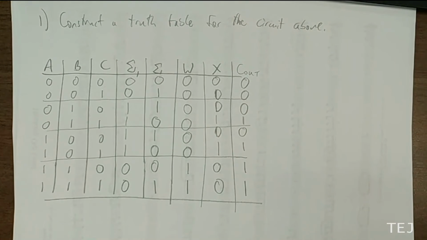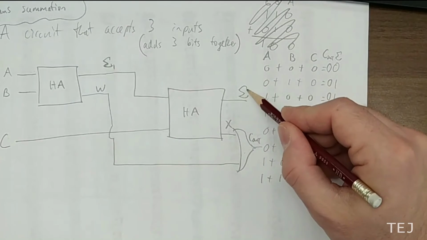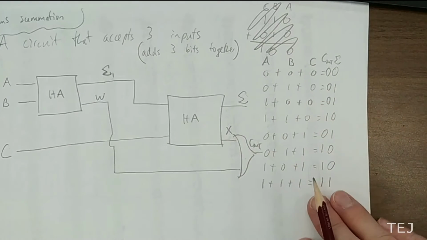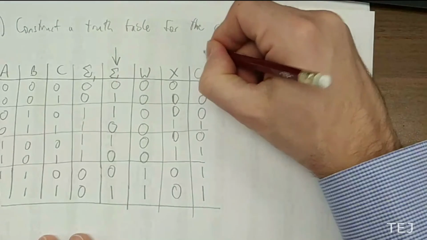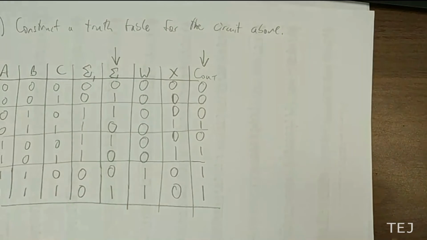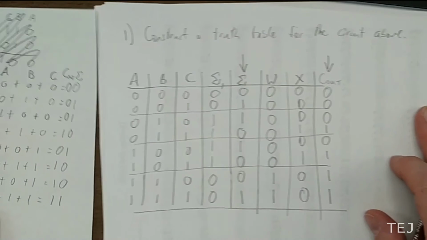So let's see if this makes any sense. If we look at our diagram, we're going to be using sigma and C out. Those are the two columns that we're interested in. Sigma and C out. Sigma represents the ones place. So I'm going to put this beside it and see if it matches up correctly.